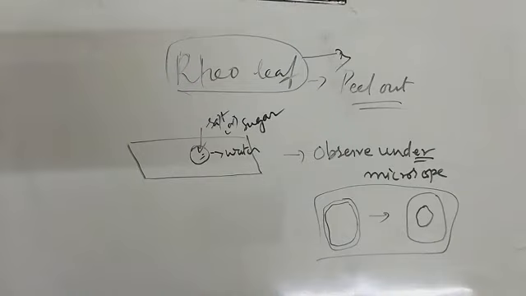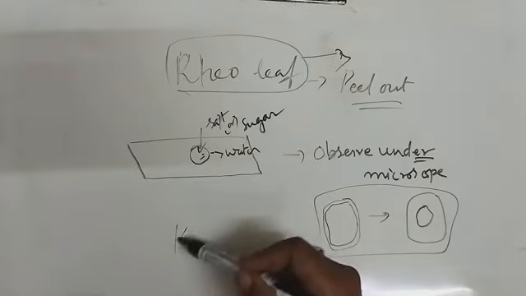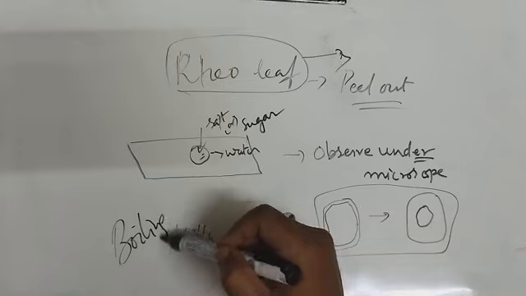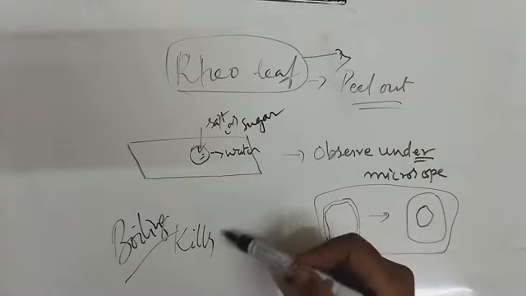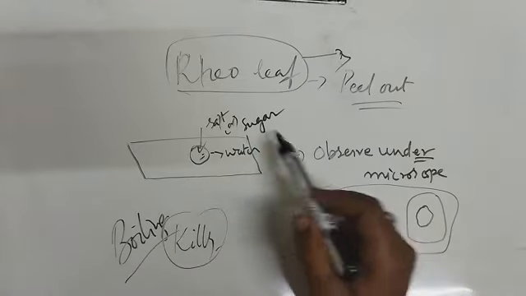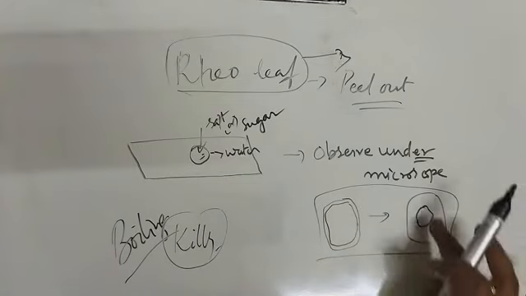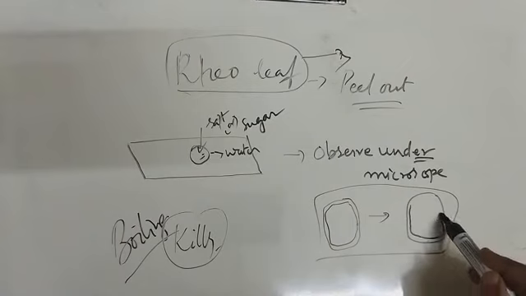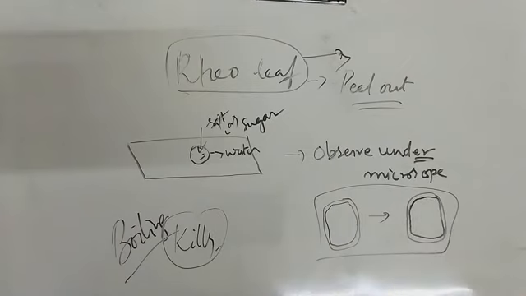Boiling kills the cells. Now take the peel out from the boiled leaf. Do the same activity. After adding sugar or salt solution, you will not find any exosmosis, because the cells are already dead.